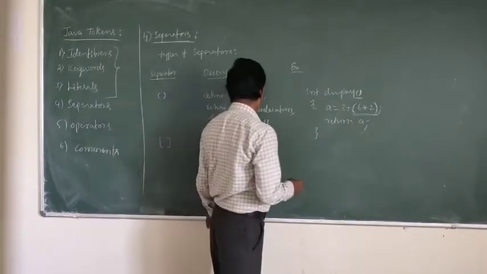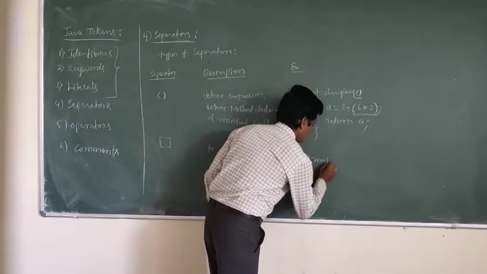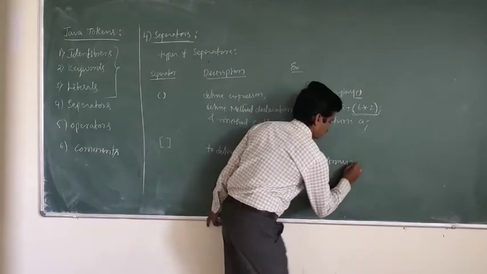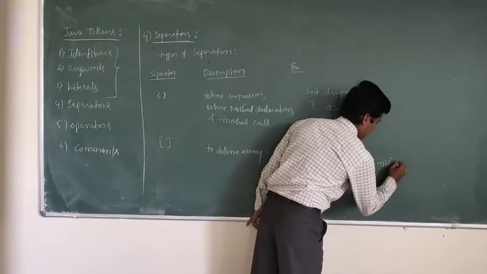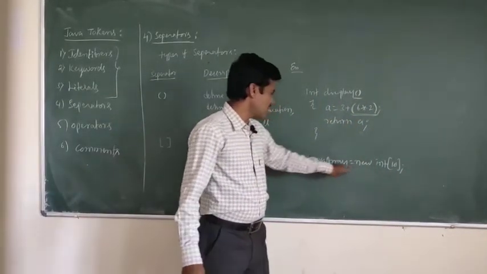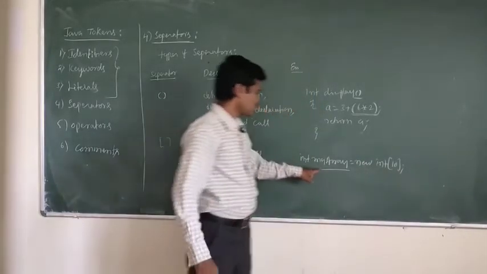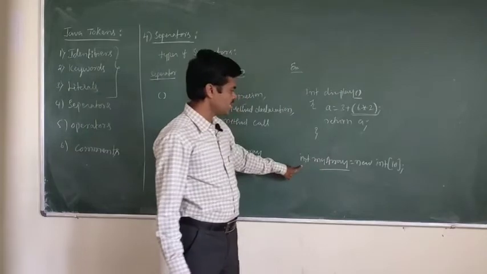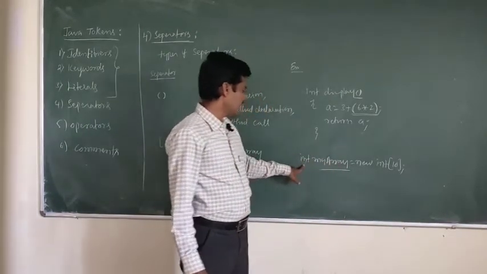So example, how can we define an array in Java? Here, int my array is equal to new int of 10. Here my array is the name of the array of type integer.